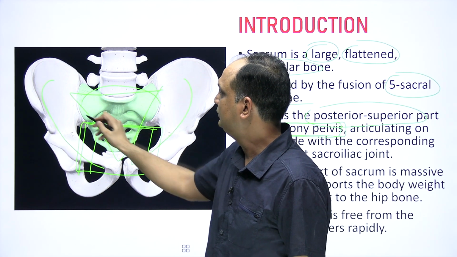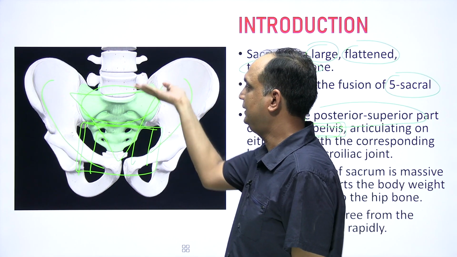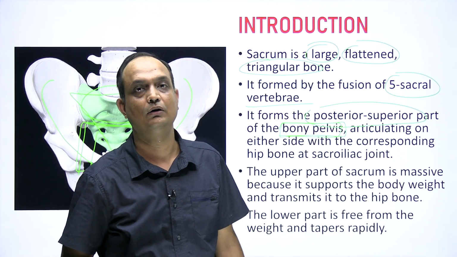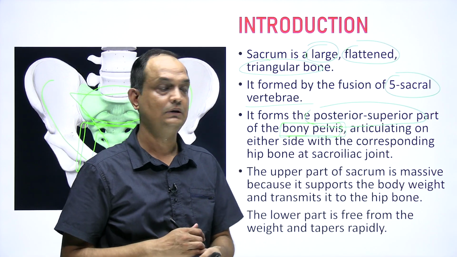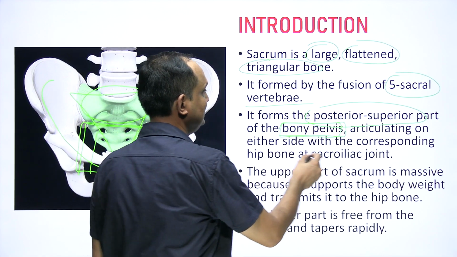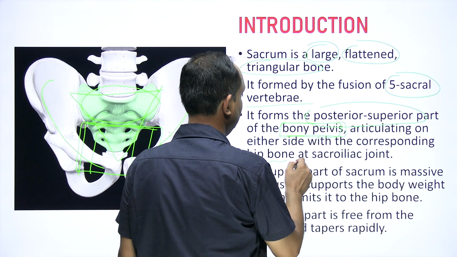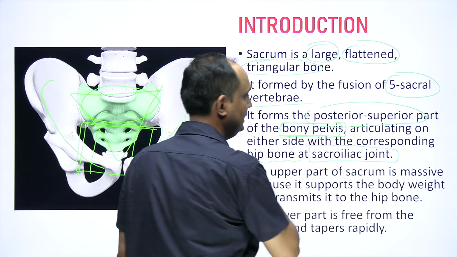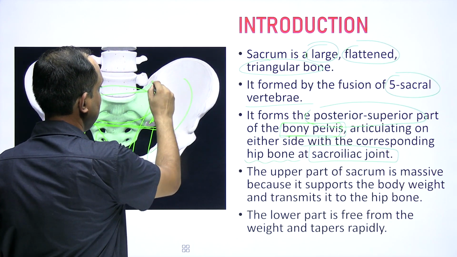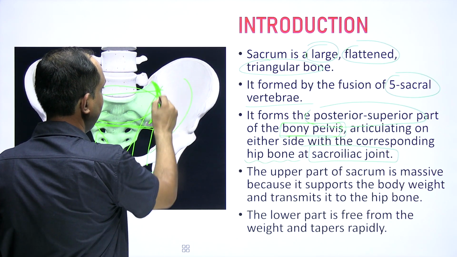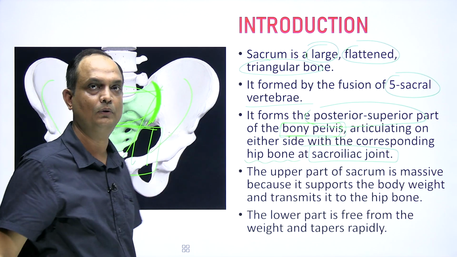So the sacrum occupies the posterior but superior part of the pelvis. This sacrum articulates on either side with the corresponding hip bone at the sacroiliac joint. So this is the sacroiliac joint, the junction between the sacrum and the hip bone.